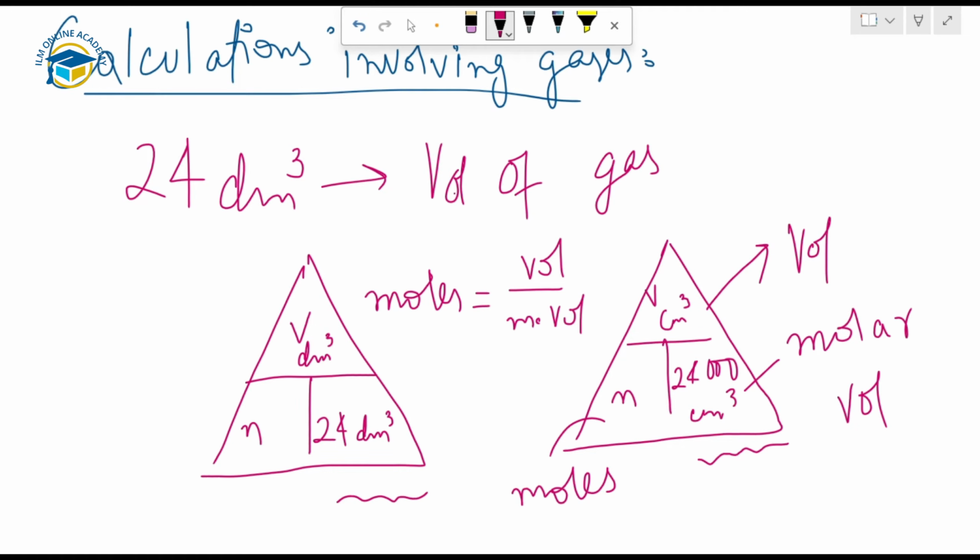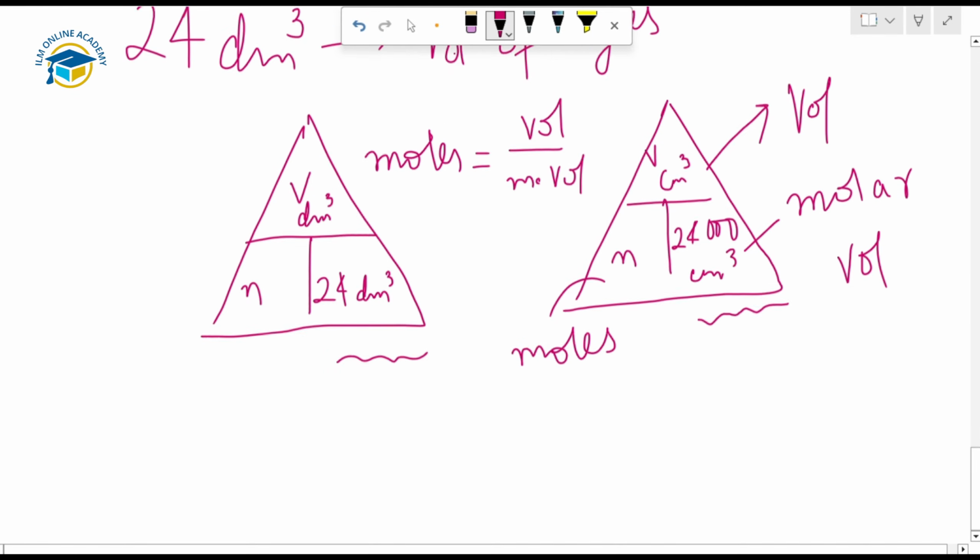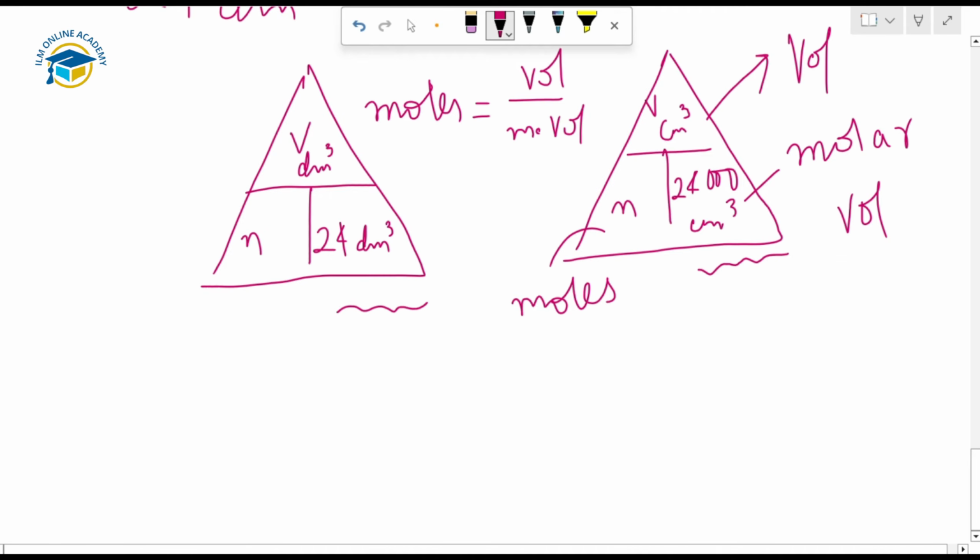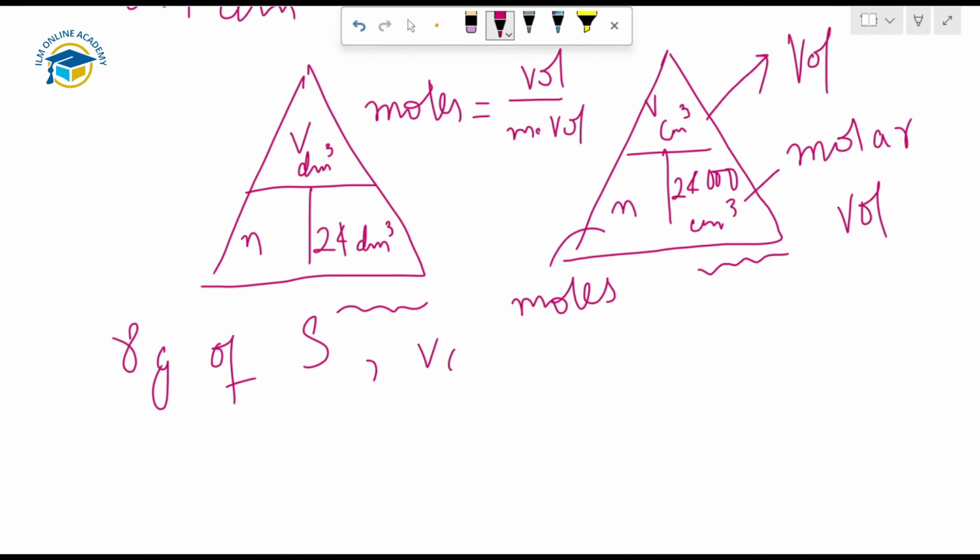In this equation the volume is in dm³ and the molar volume is 24 dm³ per mole. For example, if 8 grams of sulfur is burnt in excess air, we have to find the volume of sulfur dioxide gas produced. We consider the reaction of sulfur burning in oxygen.